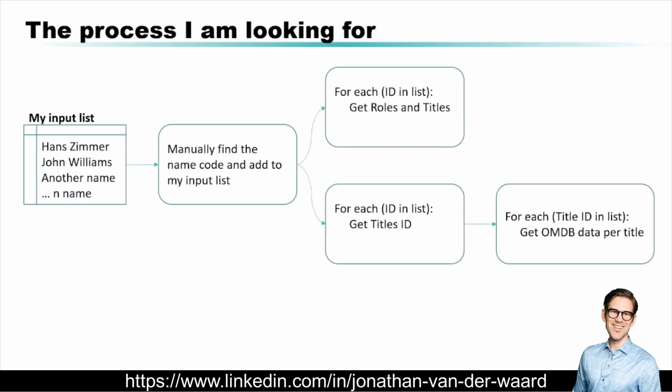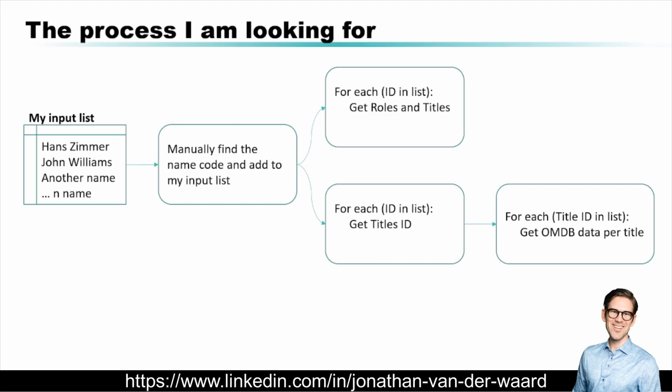Okay, so high level, this is the approach. We start with the input list. We manually find the code for the people that are in the list. So this won't work for a super long list, but as long as the number of records is about 20, this is fine to do. It's just picking up one code that is difficult to automate.